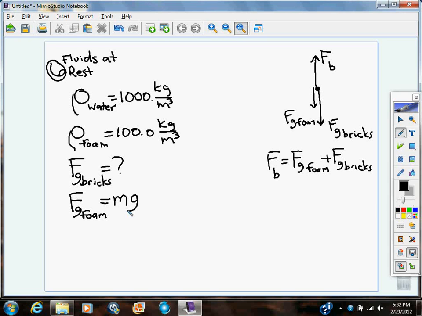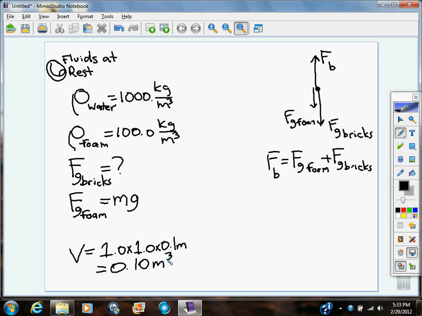Now we are given a volume as well, and the volume is going to be equal to 1 meter times 1 meter times 0.1 meters, which is going to be 0.10 meters cubed. All right, so that's the volume.